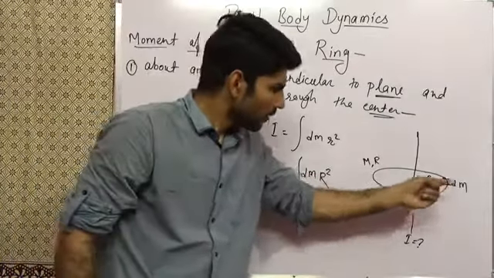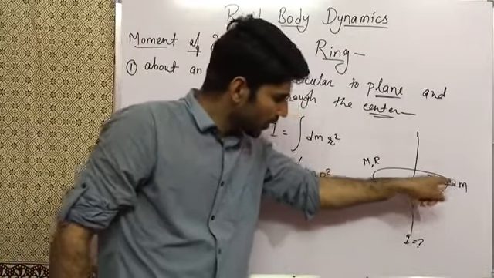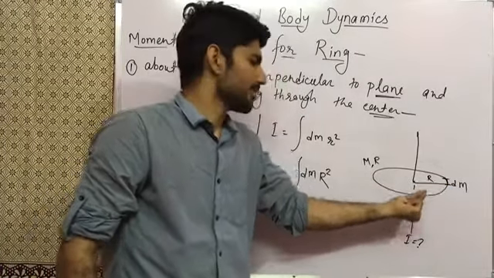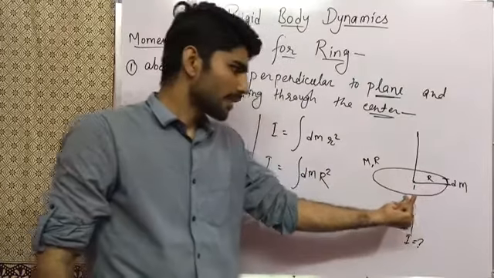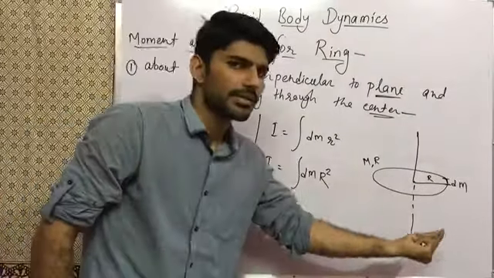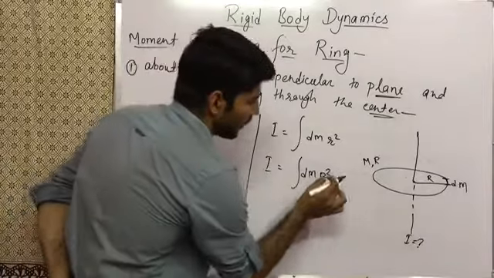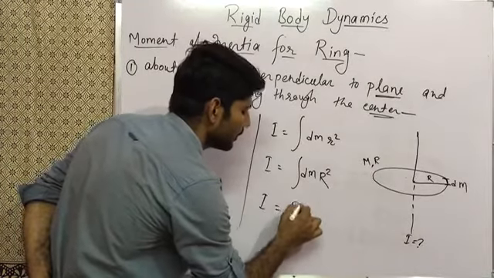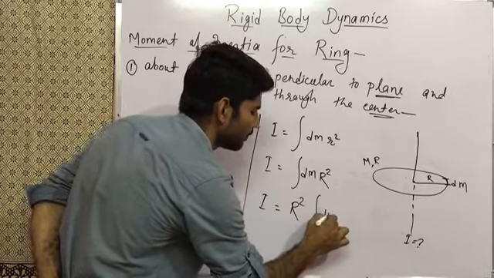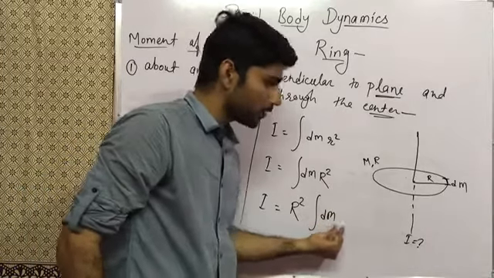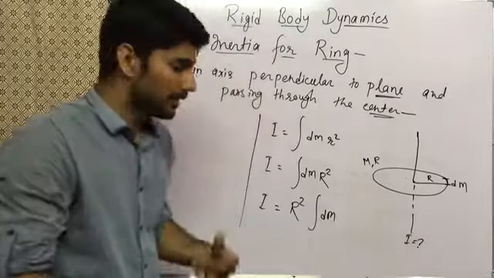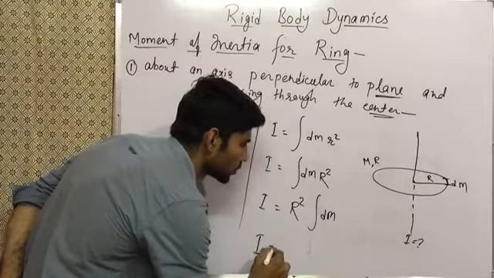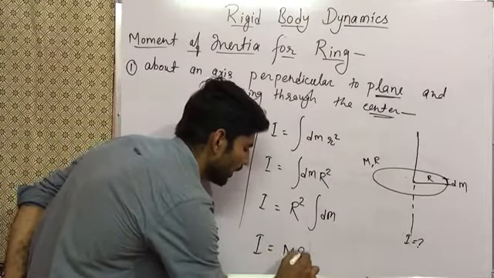Every component in the entire ring is at distance capital R, so R is constant but dm is the variable. So we take R square out and integrate dm, which is the small component of this ring. When we integrate dm, the output is I equals M R square.